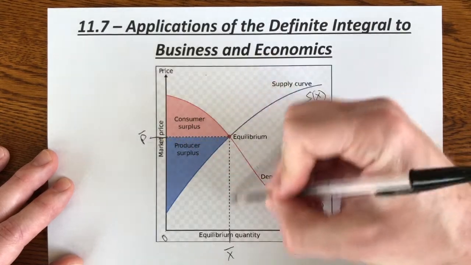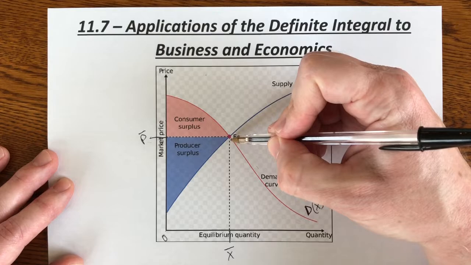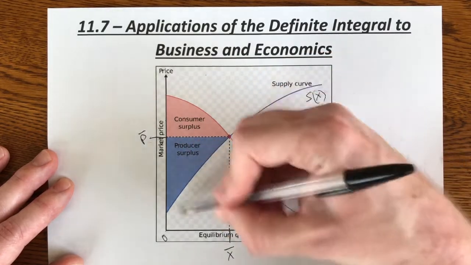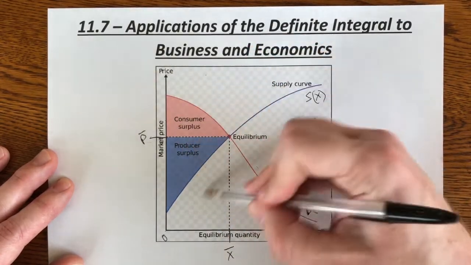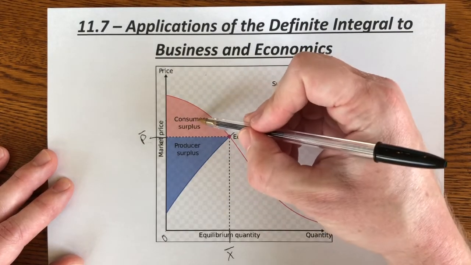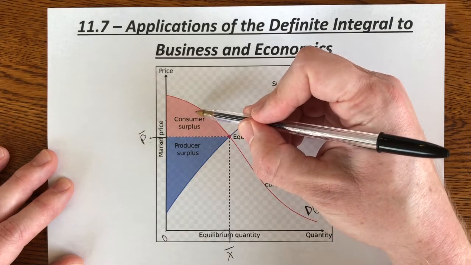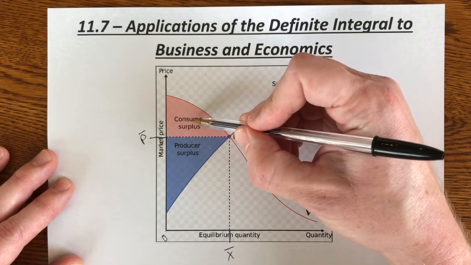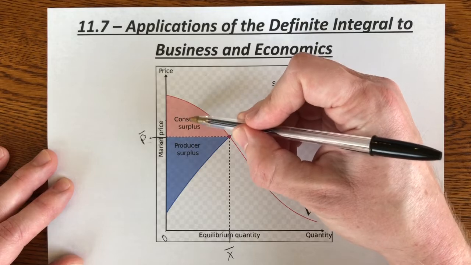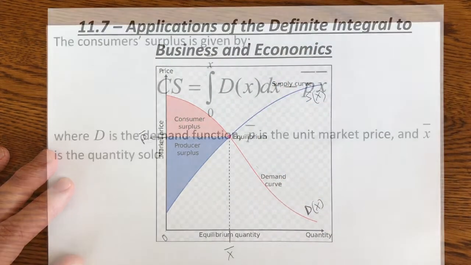We can figure out the area of this rectangular region, which is just X bar times P bar, and subtract off this area from the overall area underneath the red curve to get consumer surplus, all right? This is the difference between what the consumers would be willing to pay for X bar units of a commodity and what they actually are paying, consumer surplus. Let's see how this works.